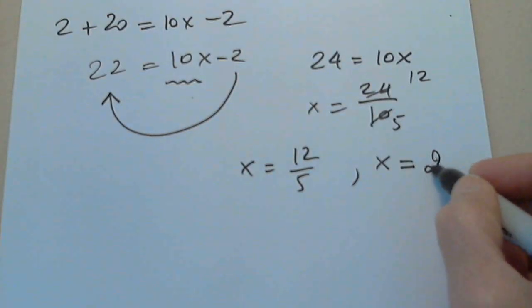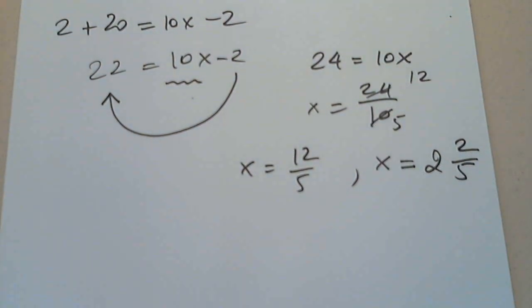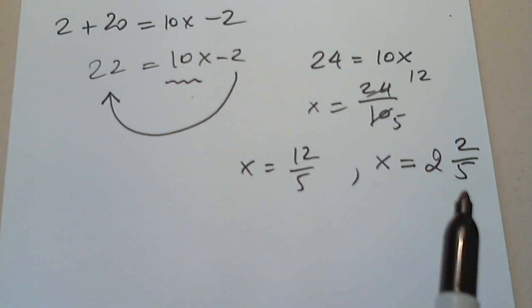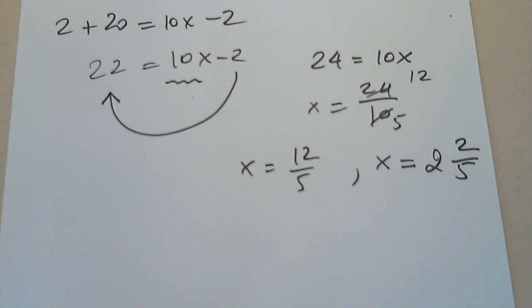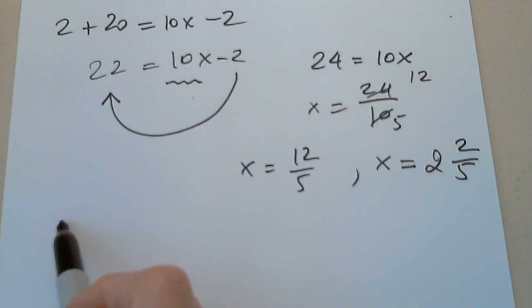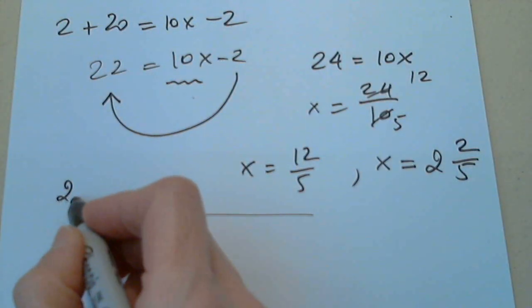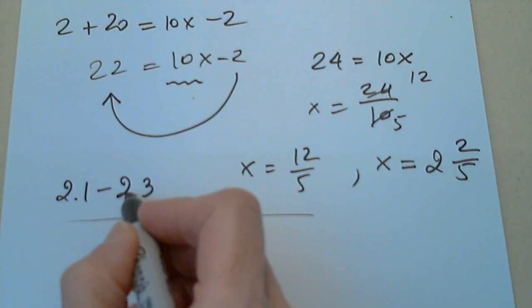Yeah. 2 and 2 over 5, indeed. Check. 2 times 5 is 10. 10 plus 2 is 12. Correct. Okay, so this was already 2.1 through 2.3.